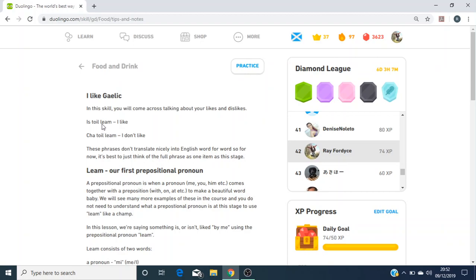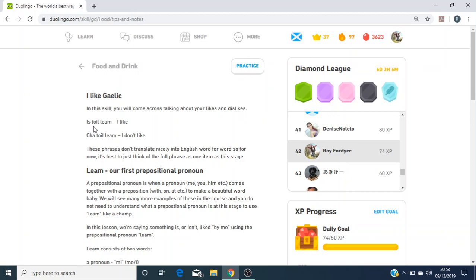And leam, the word le is with, and leam is with me, kind of thing. It translates literally as with me. So leam is the first person prepositional pronoun version of le, but that's something we'll come across later.